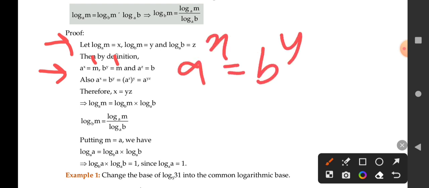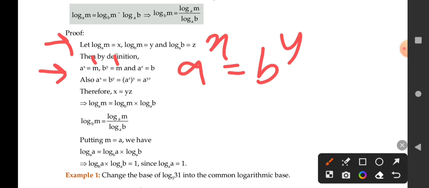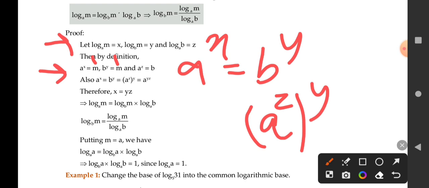Since b is a power z, this means a power z, to the power y, so a power z to the power y, which becomes equal to a power yz.